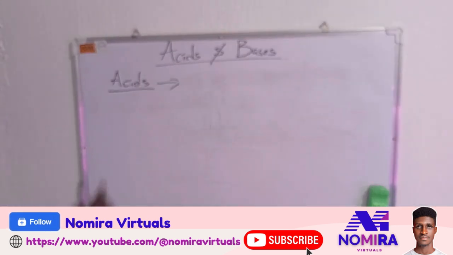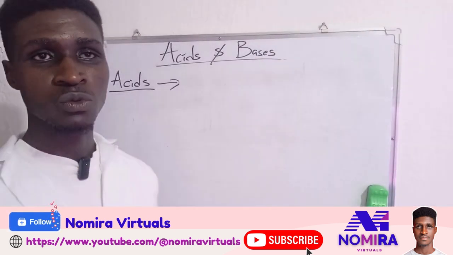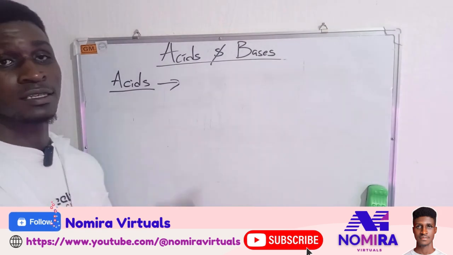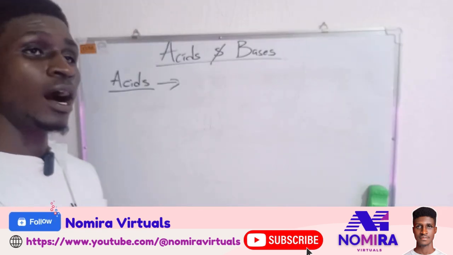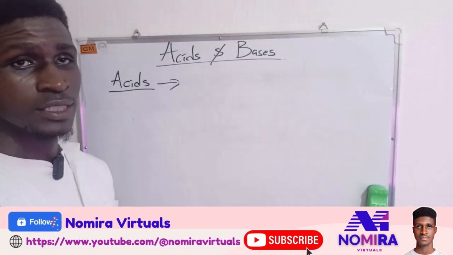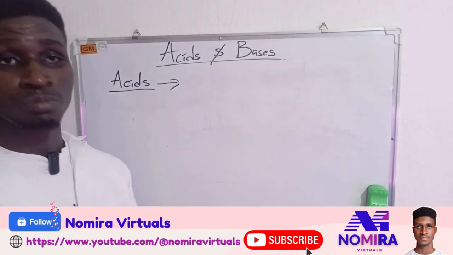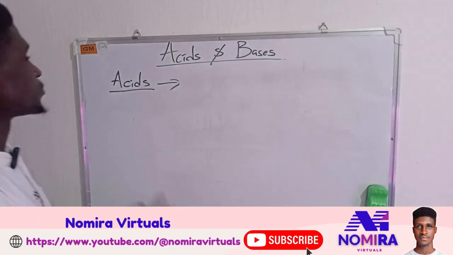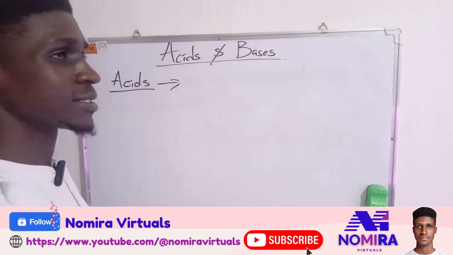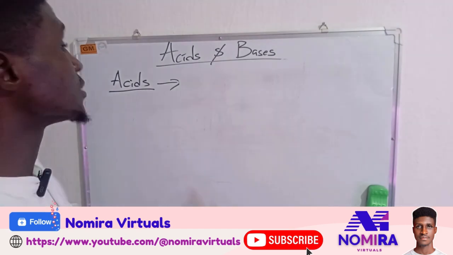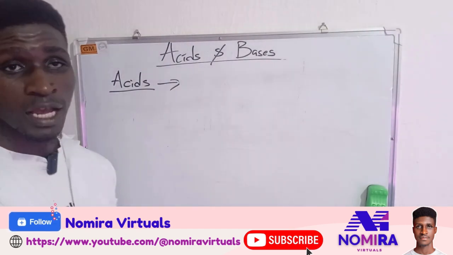So in biochemistry we will understand that these acids, especially the organic acids, are what? Important in our body system, but to some extent this acid may become dangerous. Okay, so let us go further to look at the different types of acids.